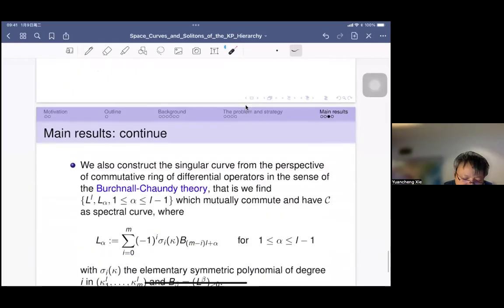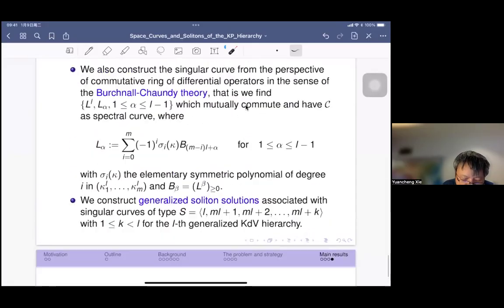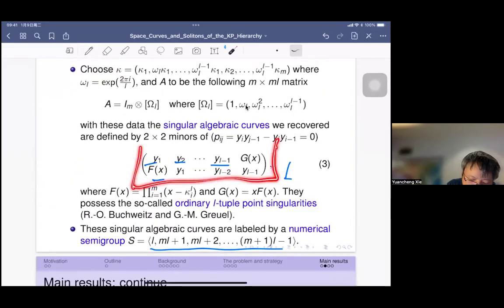And we can prove that all these operators L alpha commute with each other. And their spectral curve is exactly the algebraic curve that we defined by all the 2x2 minors of these 2 by L matrices.